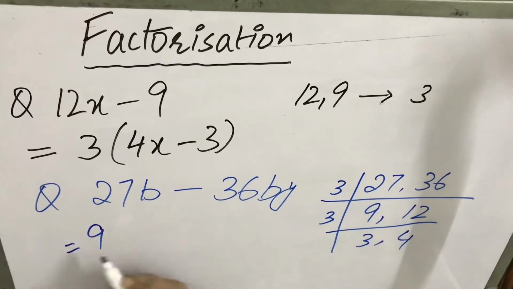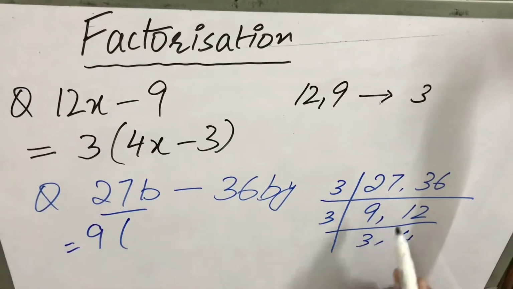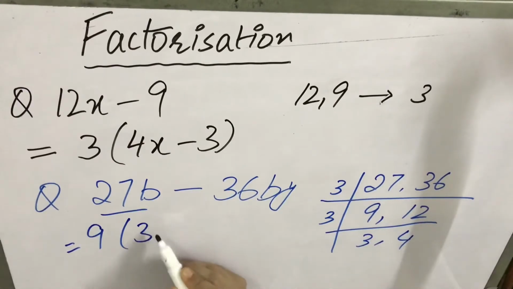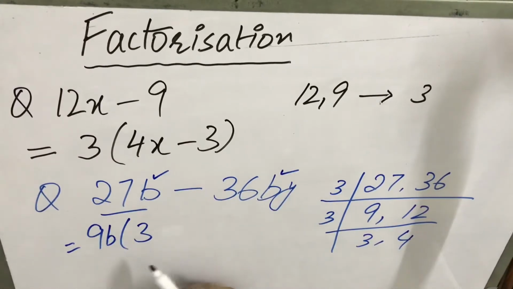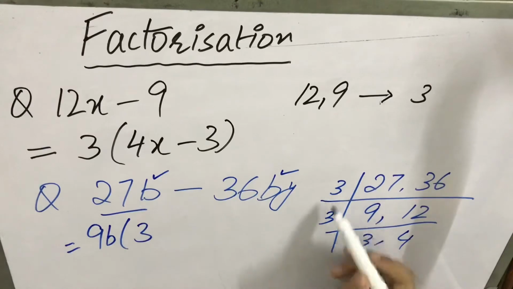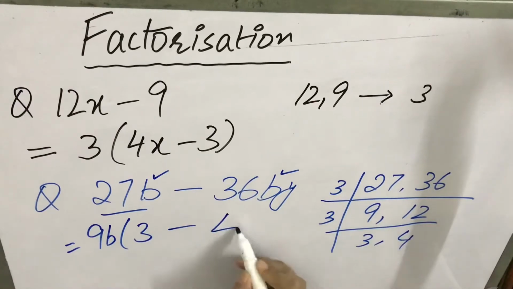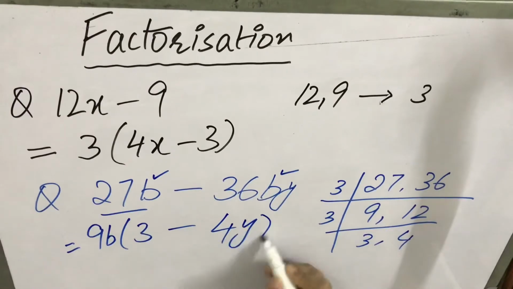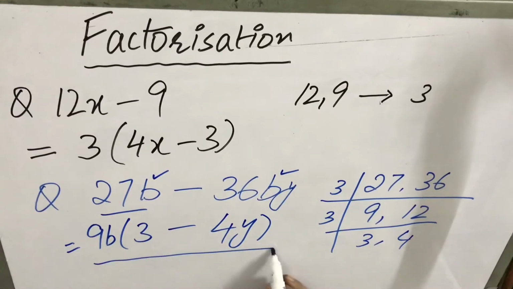If I take 9 outside, I shall have 3 inside. B is also common, so I shall have b also outside. 9 3s are 27 and 9 4s are 36. 4y is inside. 9b bracket 3 minus 4y is the answer.